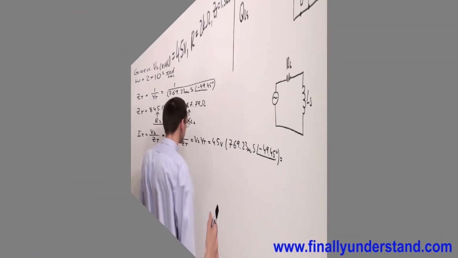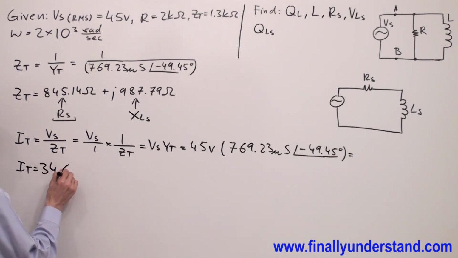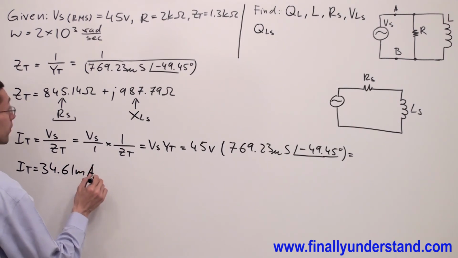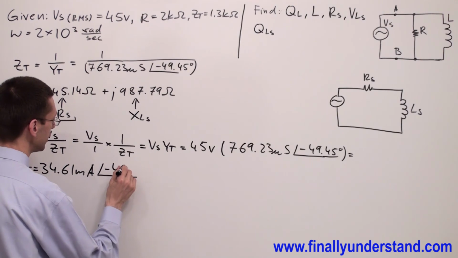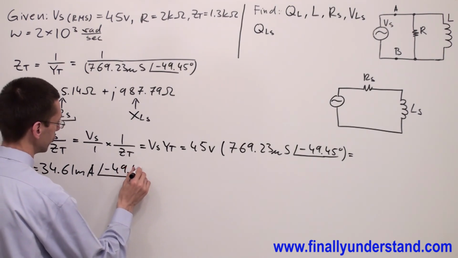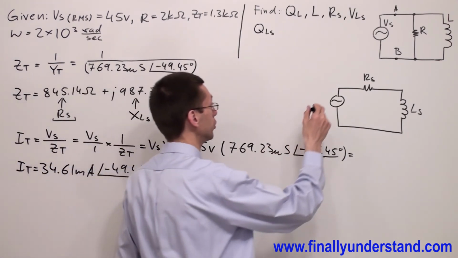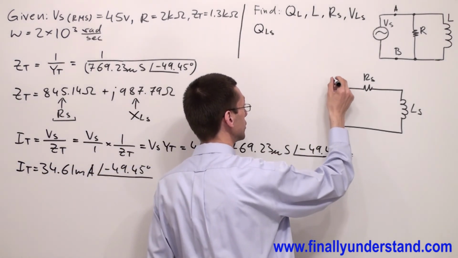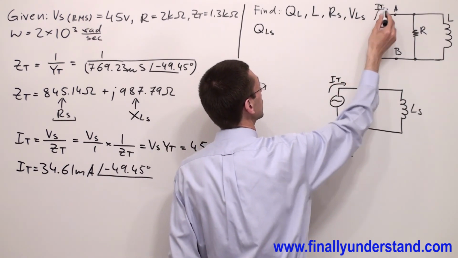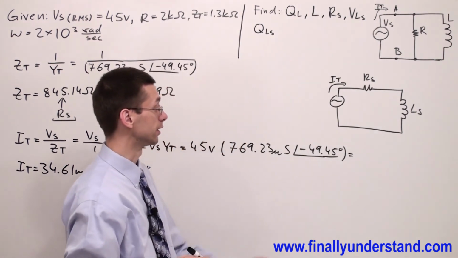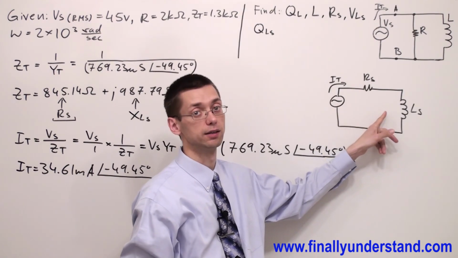This is equal, I total is equal to 34.61 milliamps and angle of negative 49.45 degrees. So this is the current which will go through this circuit. This is my I total, and this is also the same current which will go through this circuit. But please notice that in this case, this current is going to go through the resistor and inductor.